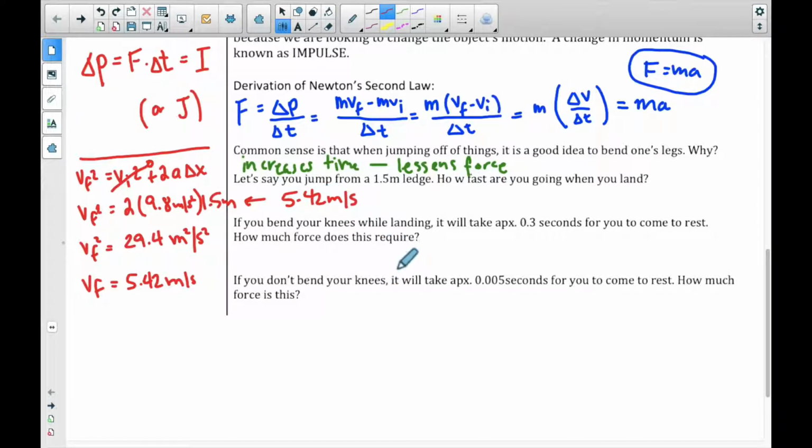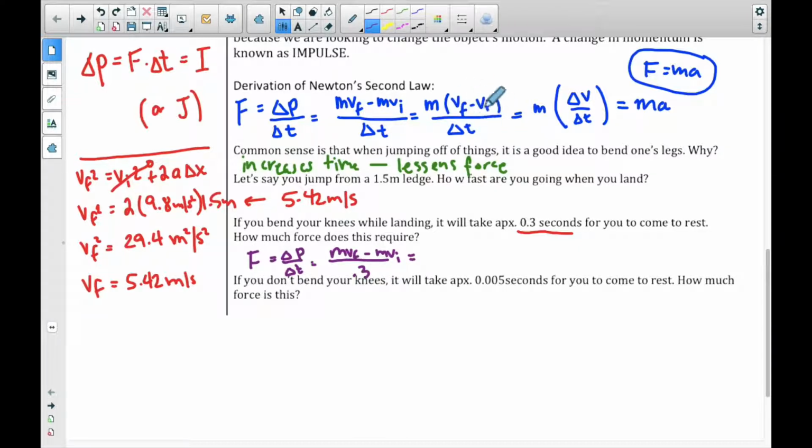Okay, if you bend your knees while landing, it will take you approximately 0.3 seconds to come to rest. How much force does this require? Well, let's go back to the force equation that we had up here. Force is the change in momentum over the change in time. Change in momentum means mv final minus mv initial, and the change in time is given to us as 0.3 seconds.